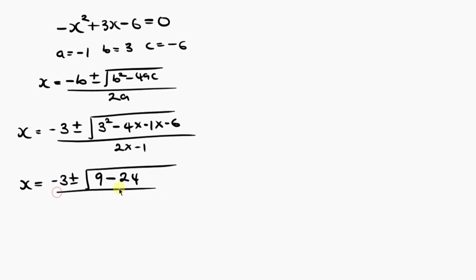Now divide by 2 times minus 1 gives you minus 2. Very good. Now here we have s to be equal to negative 3 plus or minus the square root of 9 minus 24. What do you have? Minus 15. There you have it. So divide by negative 2.